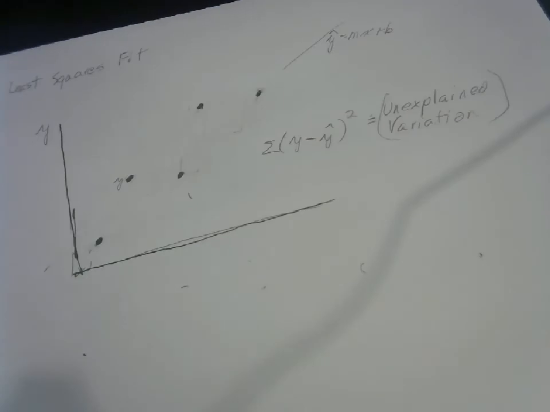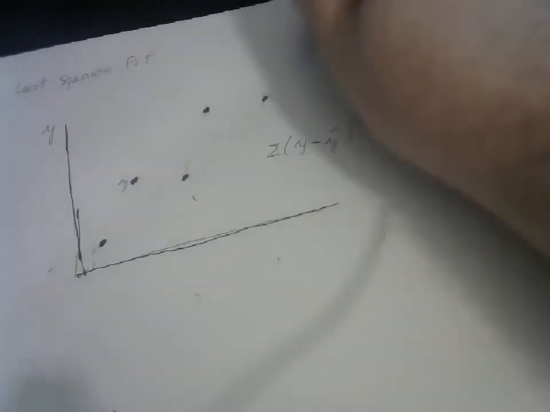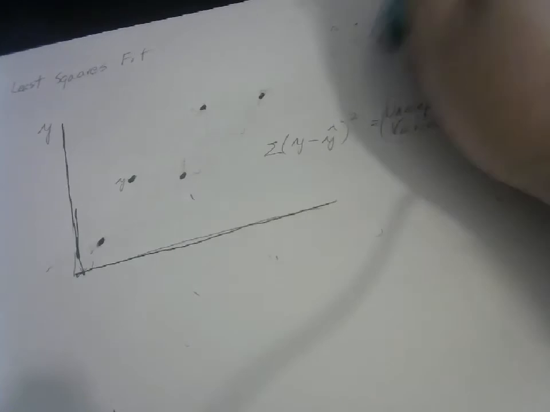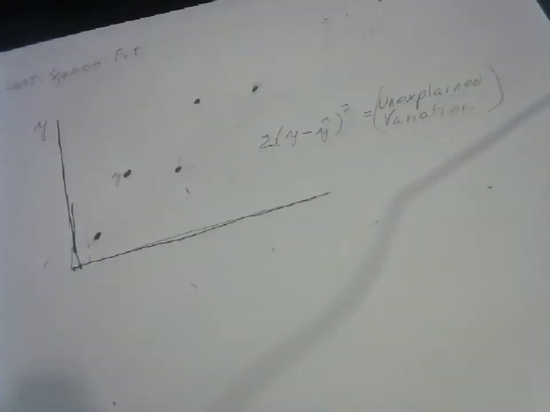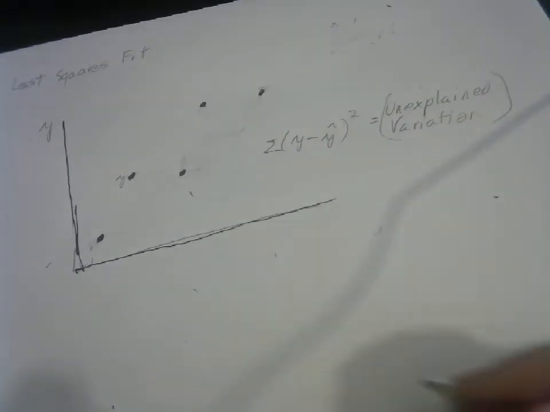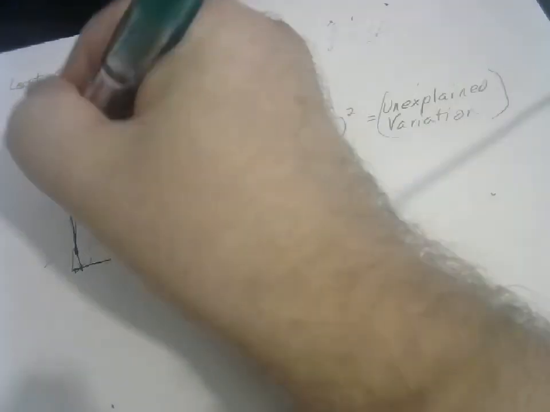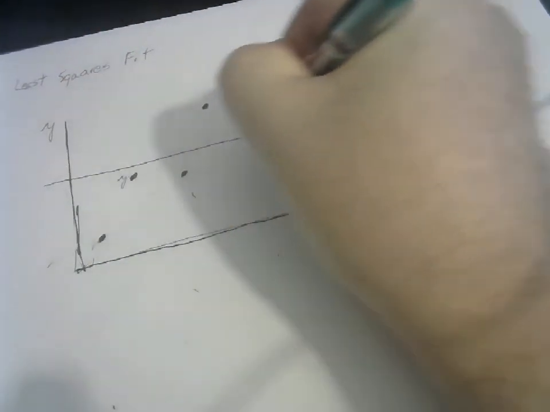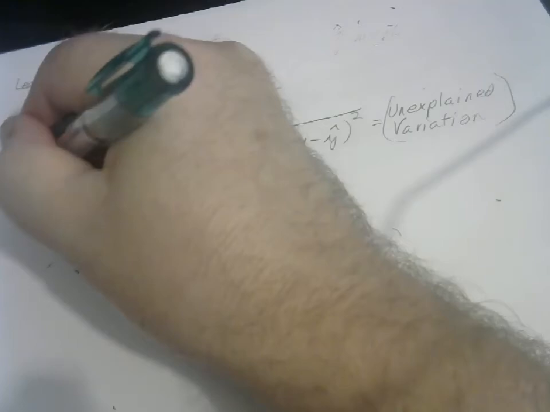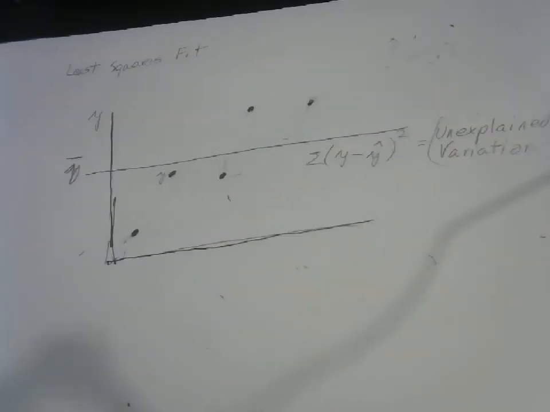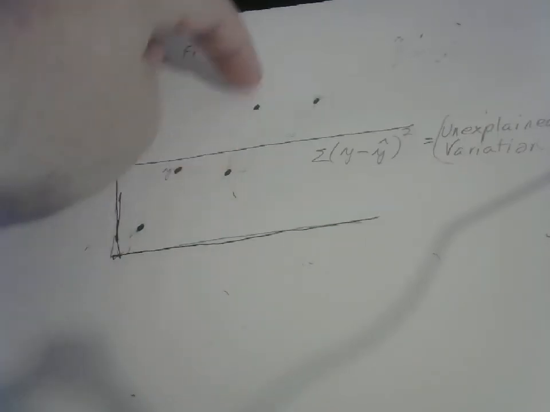And then I'm erasing all of my trends. And we're going to draw something else. And what's this line? This is y bar. This is the actual mean of those 5 numbers. 1, 2, 3, 4, 5 numbers.